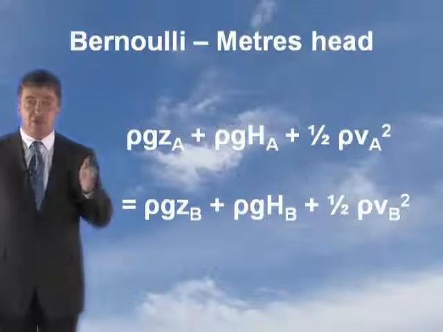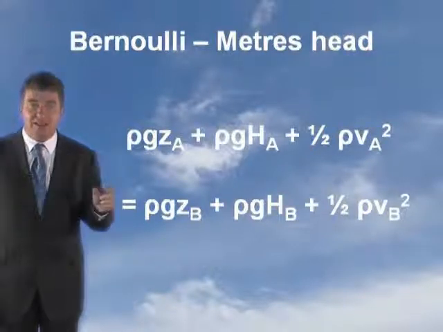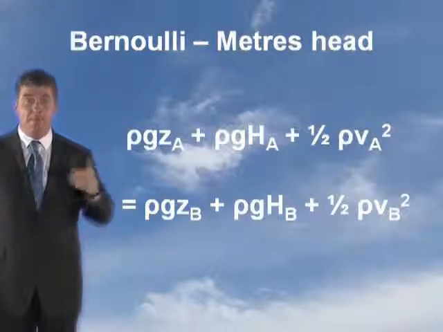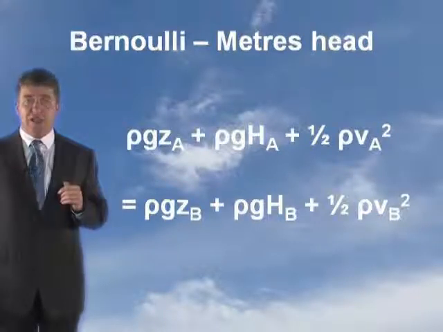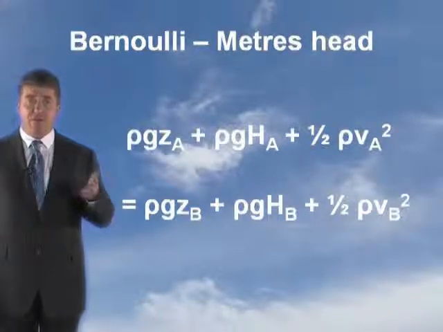In other words, the pressure energy in metres head at point B, plus rho GHB, plus half rho VB squared. Do you understand? There's only one thing that's changed in all three, depending on pascals, bar, metre head.